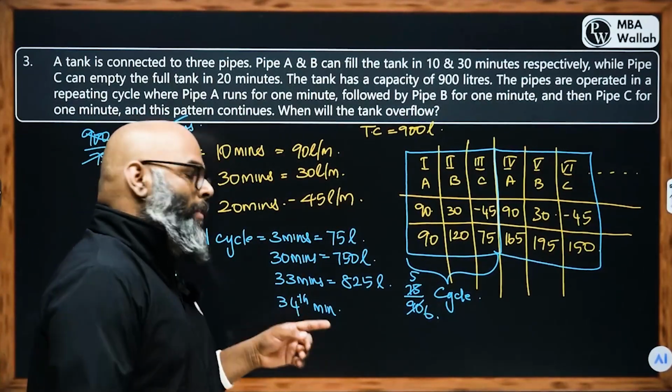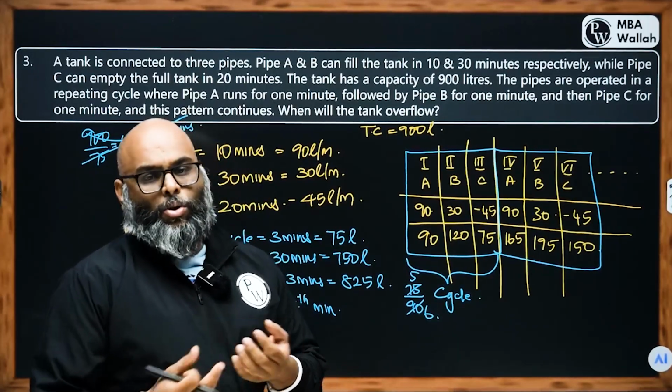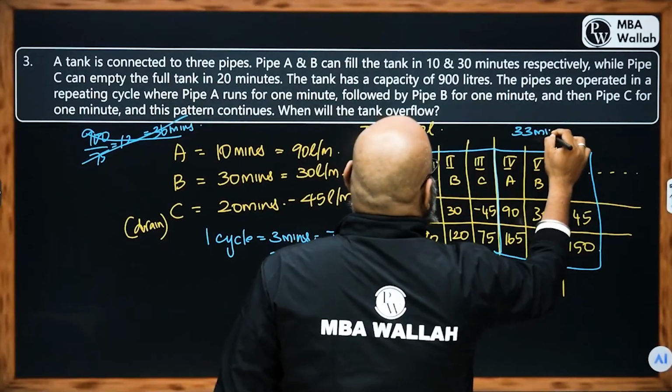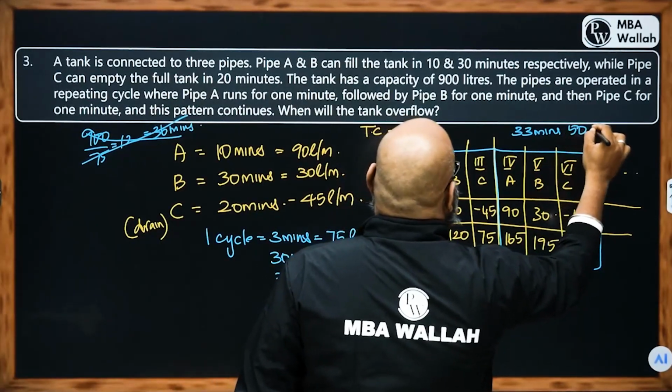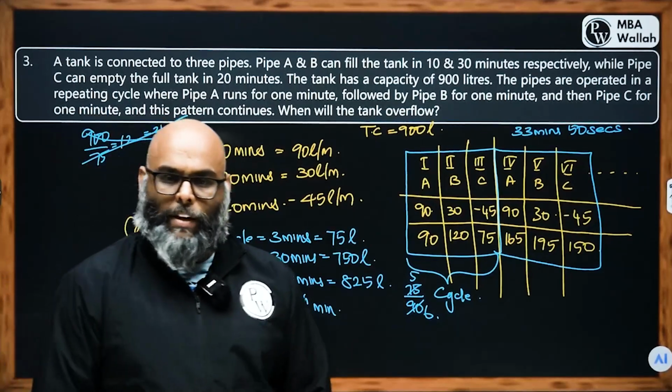Which means I'm not even finishing 34 minutes. I'm only taking 5/6 of that minute. So actually the time would be 33 minutes and 50 seconds. Why 50 seconds? 5/6 of a minute is 50 seconds.